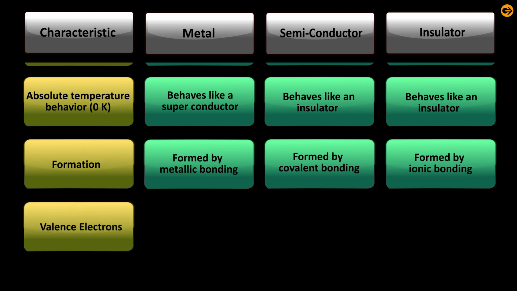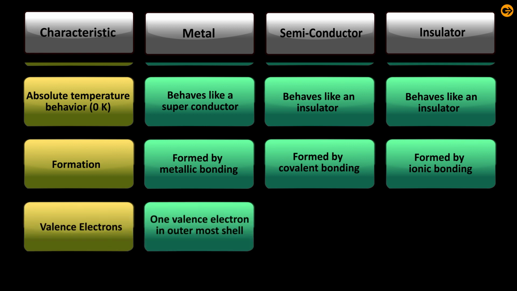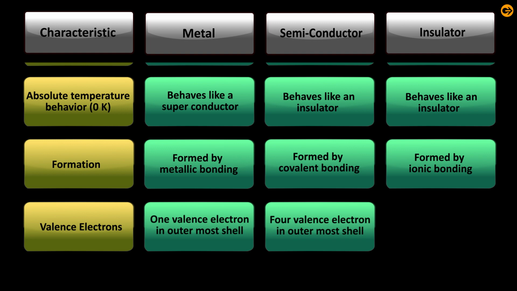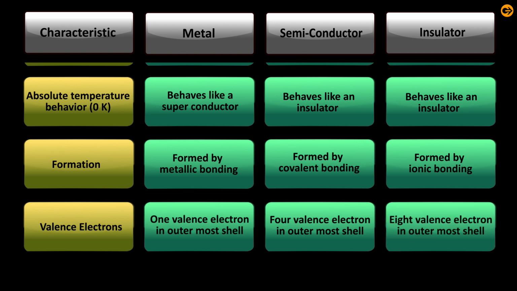In case of metal, there is only one valence electron in the outermost shell. In case of semiconductor, 4 valence electrons are present in the outermost shell. And in case of insulator, there are 8 valence electrons in the outermost shell.